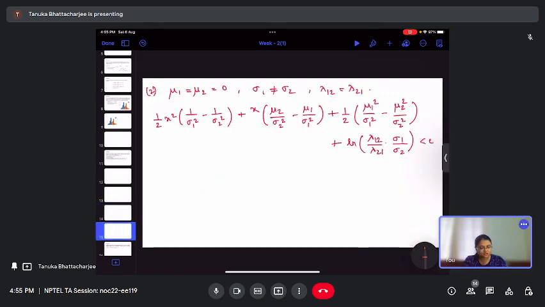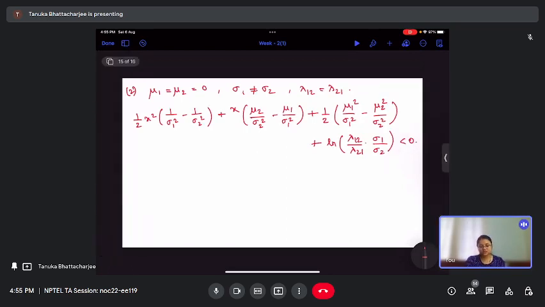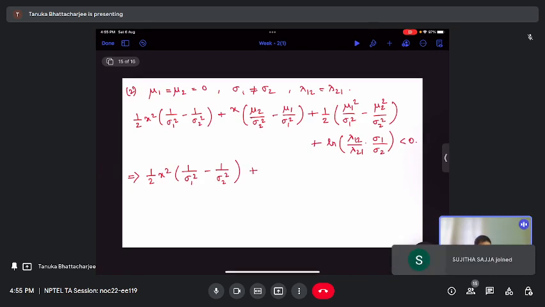This was the expression for our general classifier. Now we are given that sigma 1 not equal to sigma 2, but mu 1 and mu 2 are 0. So if we put that, the first term remains as it is. The second term will become 0 because both mu 1 and mu 2 are 0. The third term will also become 0.